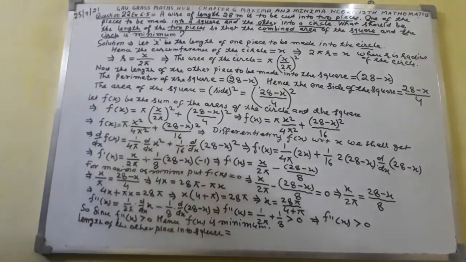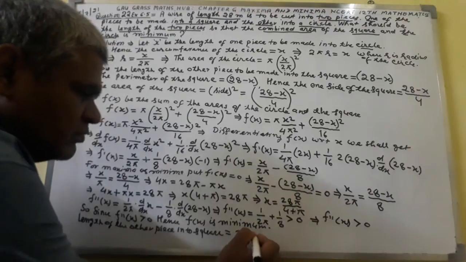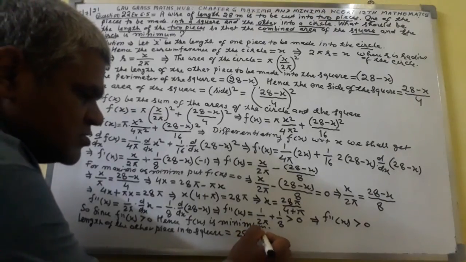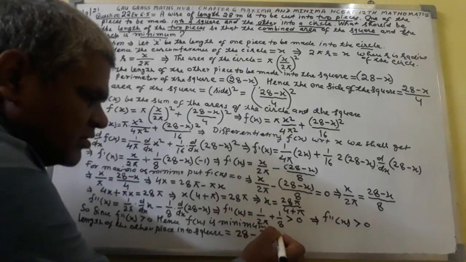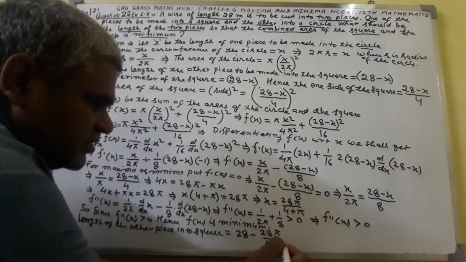The length of other piece into square will get here 28 minus 28 pi over 4 plus pi.